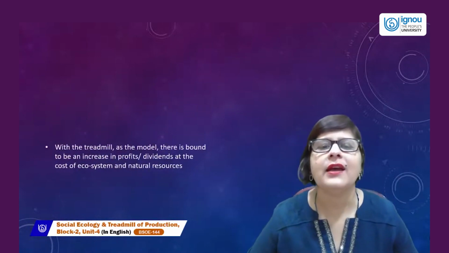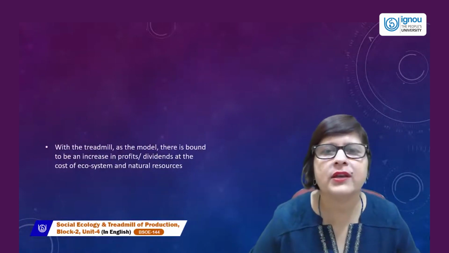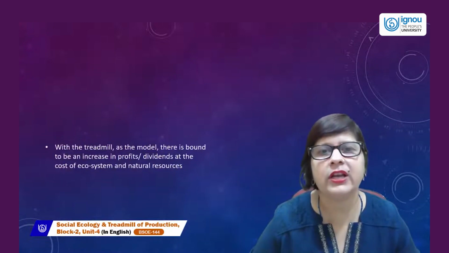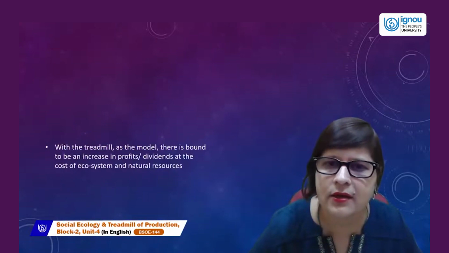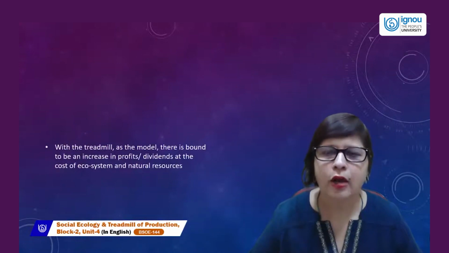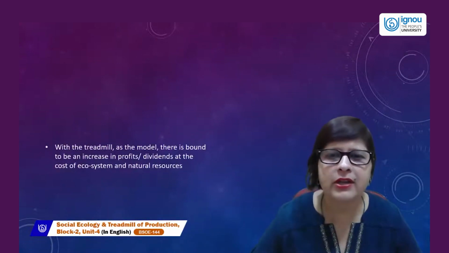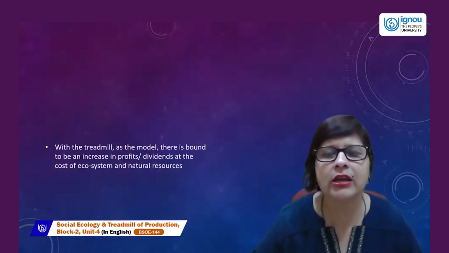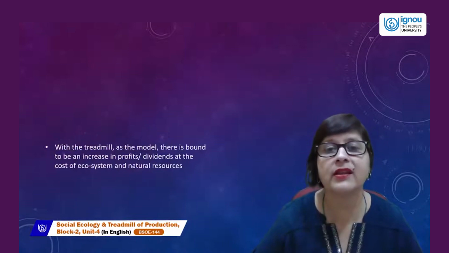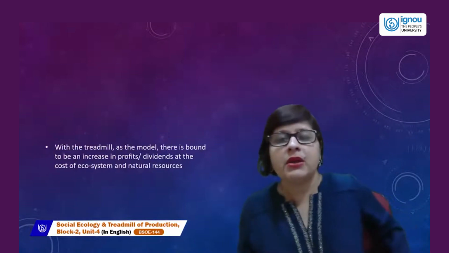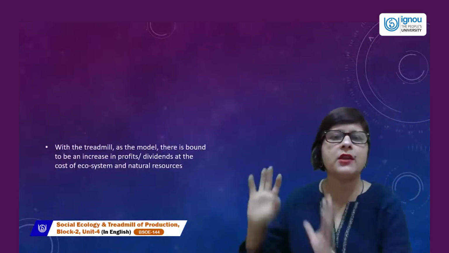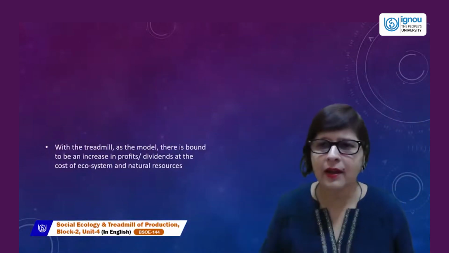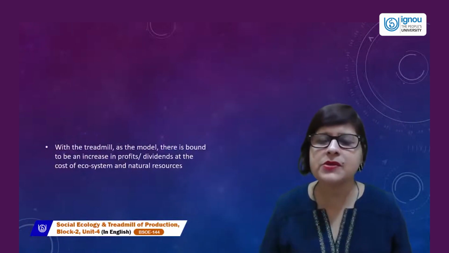With the treadmill as a model, there is bound to be an increase in profits or dividends at the cost of the ecosystem and natural resources, right? These owners or industrialists are gaining profit, but at the cost of the ecosystem and natural resources, because they are exploiting the natural resources and dumping their waste in the ecosystem, and this is impacting society.